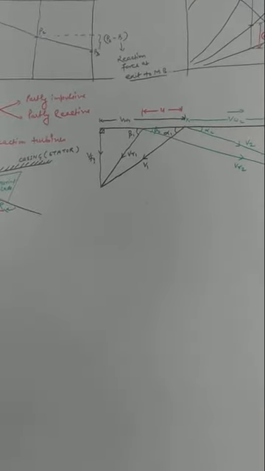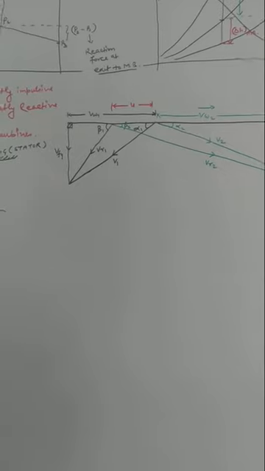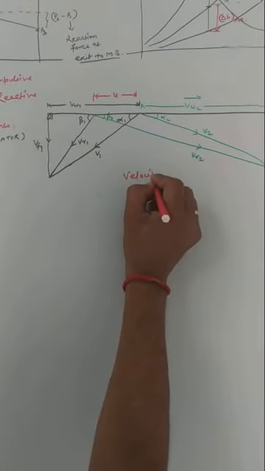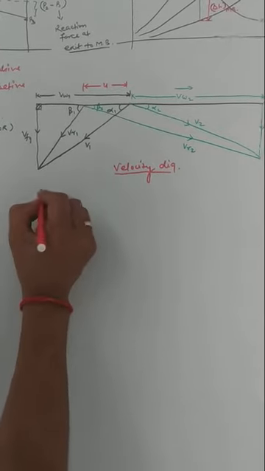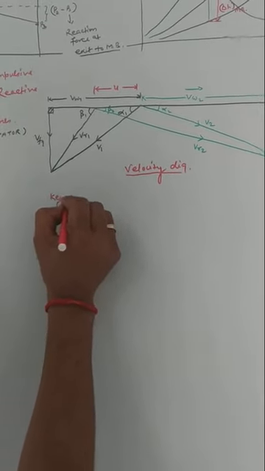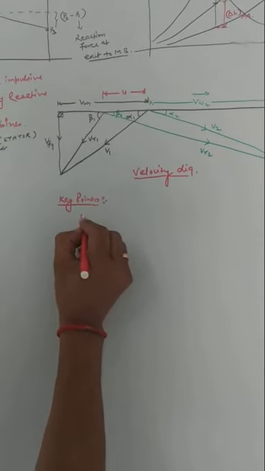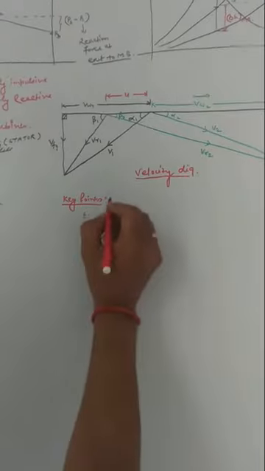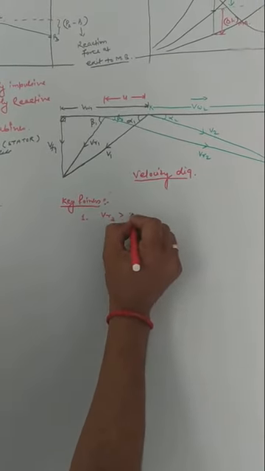Okay, so as such there is no difference in the structure, but there is a basic difference in the velocity diagram. This is the velocity diagram for the reaction turbine. There you can see the major key points for the reaction turbine. First one is this: VR2 is greater than VR1.